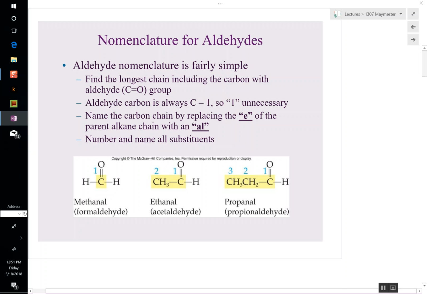Naming aldehydes. Okay. Now, since the aldehyde is always on the end, we don't need numbers in front of them. It's always on the end. Methanal, ethanal, propanal. You can't have a 2-propanal. You can't have this there because this has to be on the end.